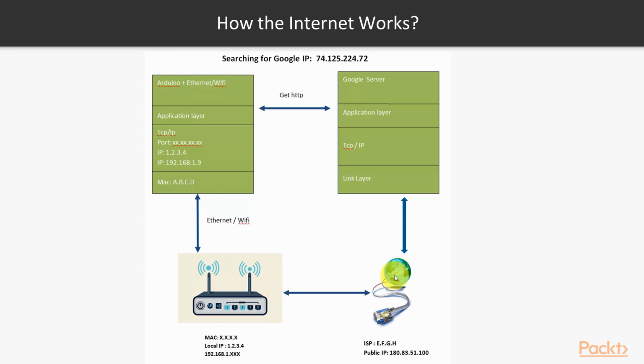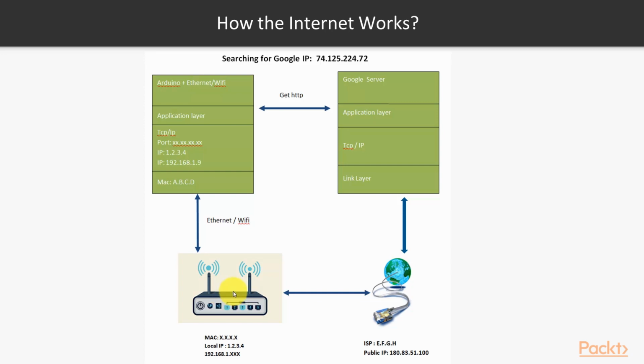The ISP now goes to the World Wide Web and finds that IP. In this case, Google's IP is 74.125.224.72. It communicates with the server, delivers the GET HTTP request, and gets the response. If it's a success, it's going to be 200 and the message. So it picks up the message, comes back and delivers it to your router.